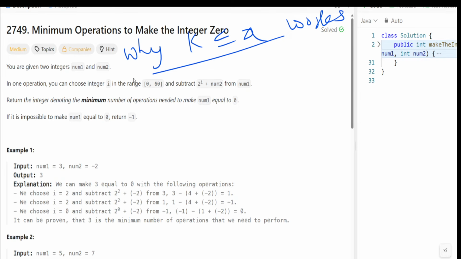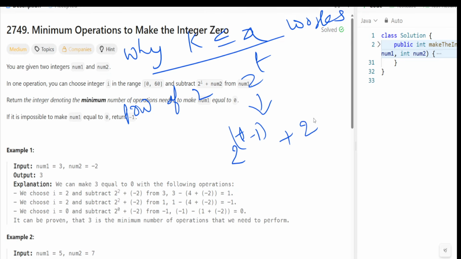Because you can always split a power of 2, 2 to the power t, into 2 to the power t minus 1 plus 2 to the power t minus 1.